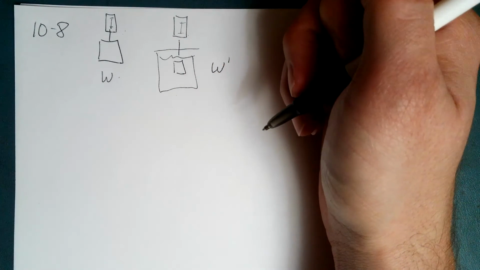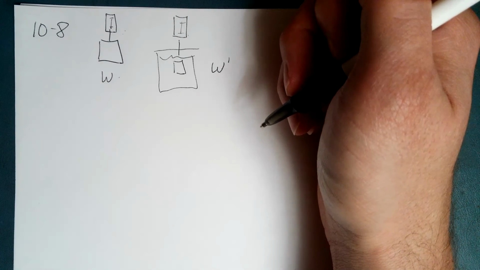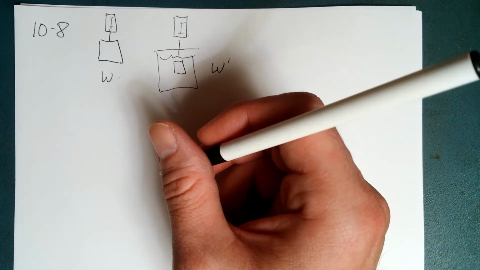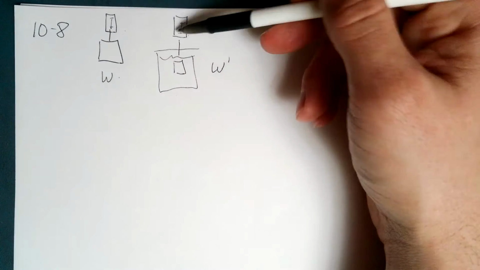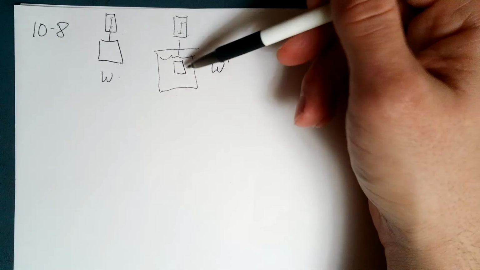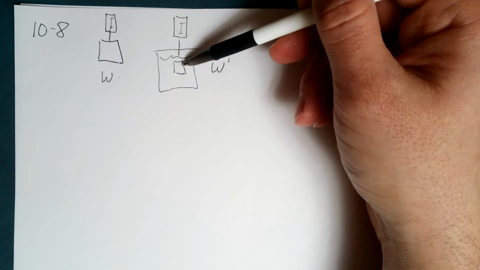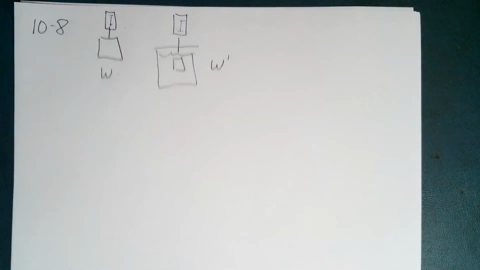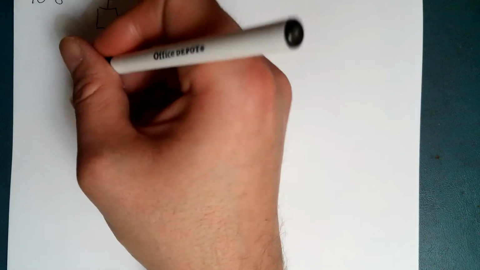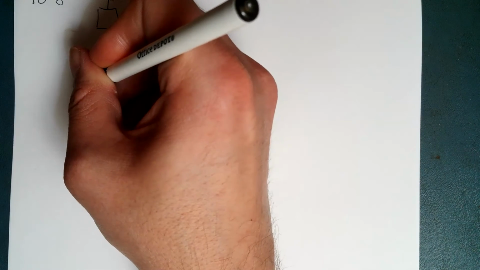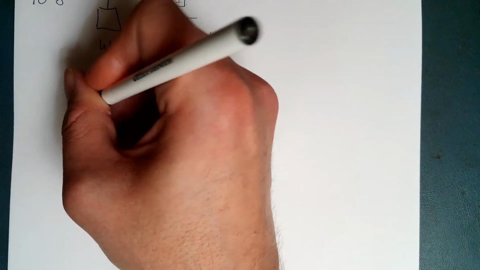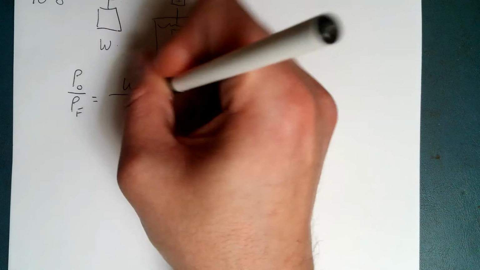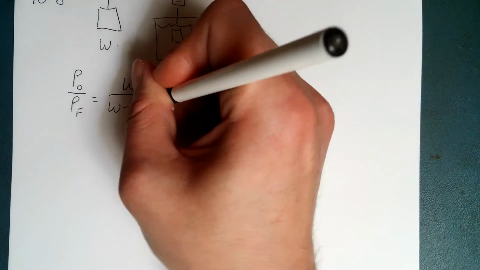What Archimedes' principle says is that the difference in the scale readings is equal to the weight of the displaced water. I'm not going to go through the whole derivation here, but we get down to this, and this is a place where you can start: density of object over density of fluid is equal to the weight over the weight minus the weight in the fluid.